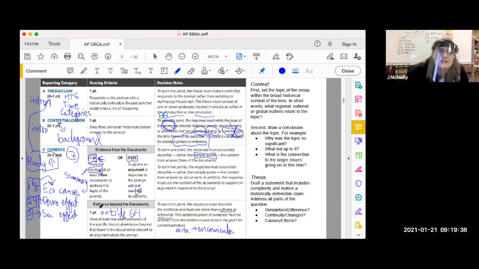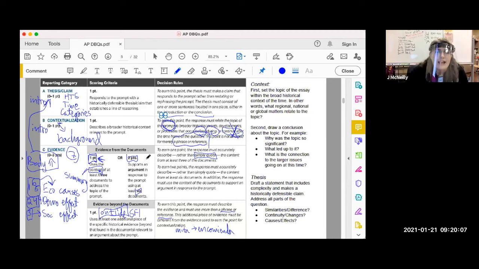That means you can use it as outside SFI, but you have to tie it to your thesis. You can't just drop in, oh, the Inca did the mita system and then say bye, right? You have to explain, how does that relate to the age of exploration? Well, that's how the Spanish developed the encomienda. They took the mita system and changed it to suit their own needs. Does that make sense so far?